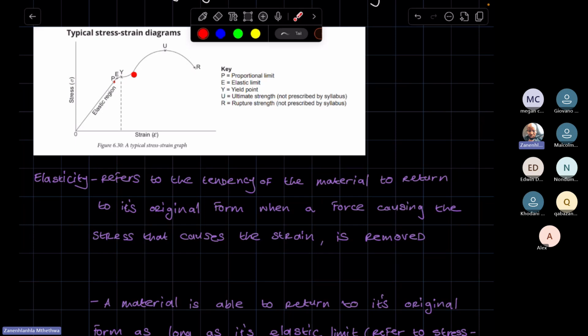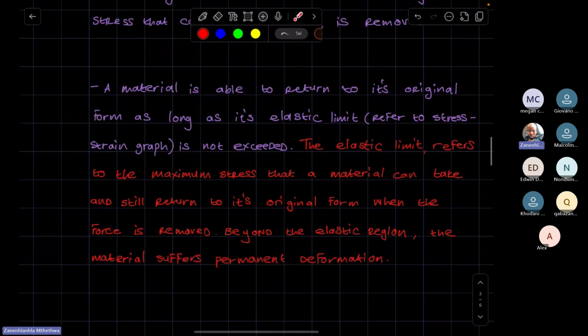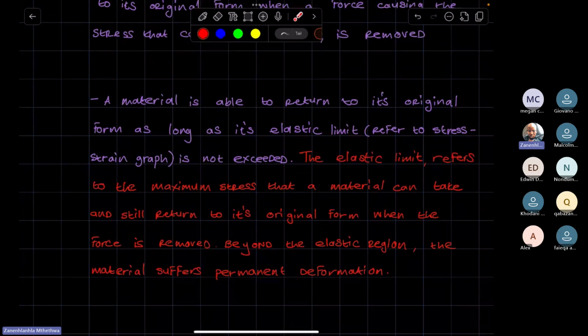Meaning that beyond this point, even if you remove the force or the stress, the material won't be able to go back to its original form. That is beyond the yield point. The elastic limit refers to the maximum stress that a material can take and still return to its original form. That is just what I've just explained.